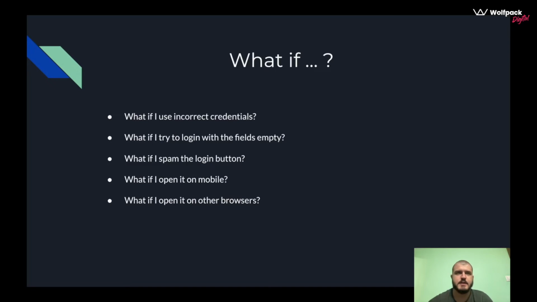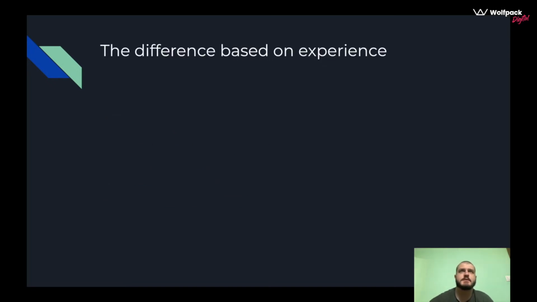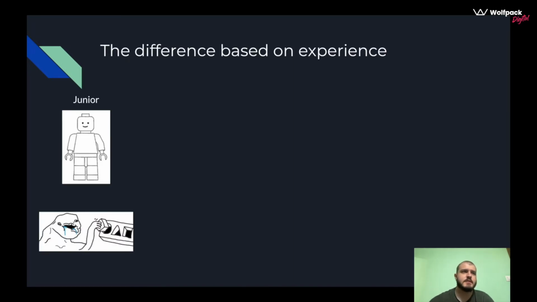And let's take a look at how this looks, the difference based on experience. So we have our guy, who is a junior, who tests basically almost everything, goes out of scope of that task, and does a bunch of this testing.